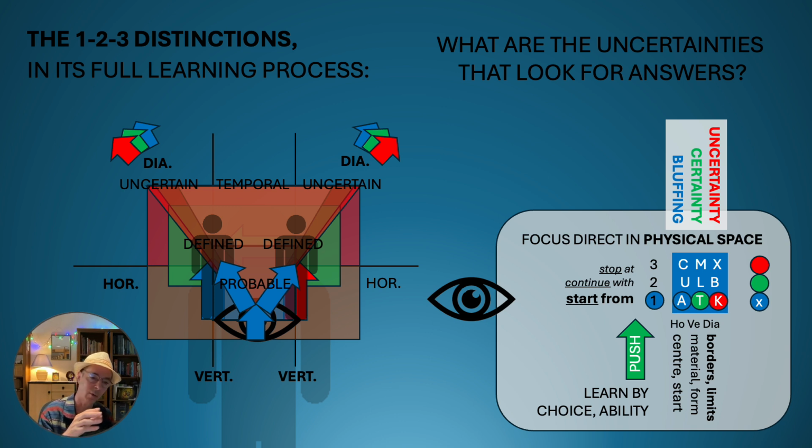You can only define them when you start to compare, and compare it to, let's say, the contradictions that you meet in the second distinction, in the timings, and the uncertainties you see even much more clearly in the full context.